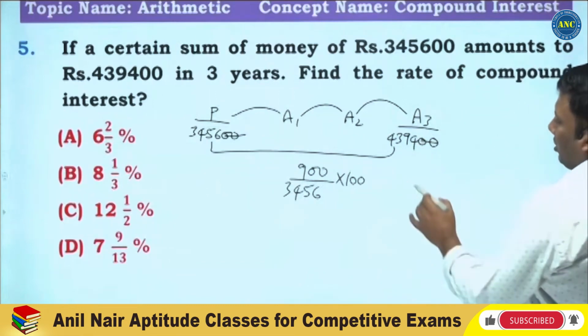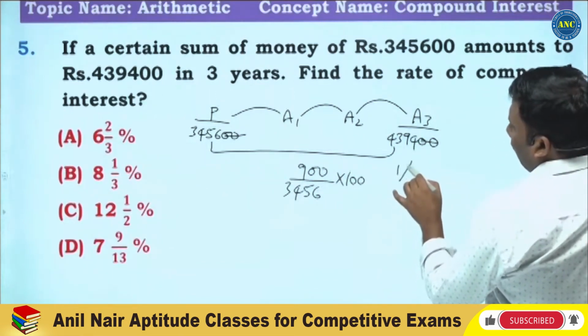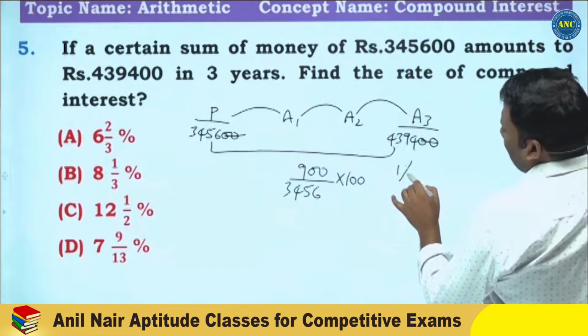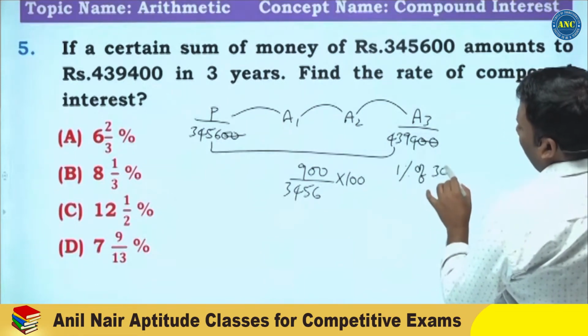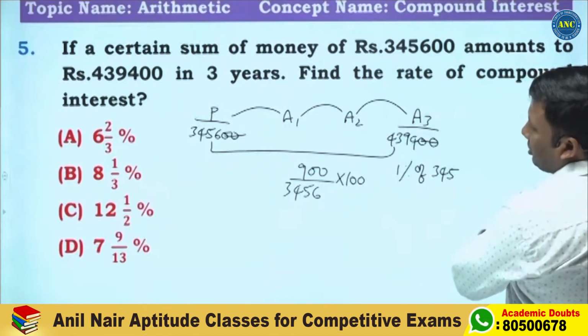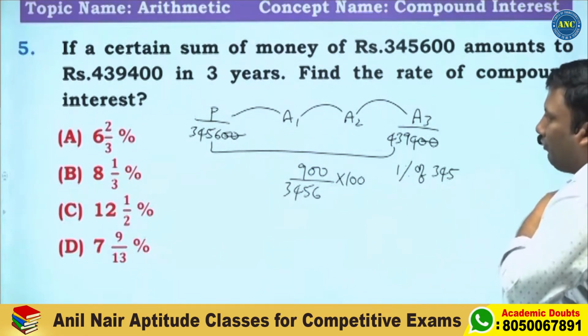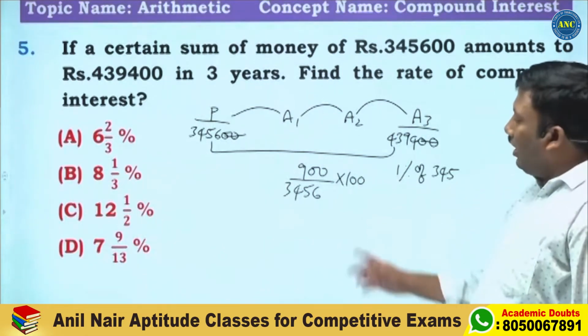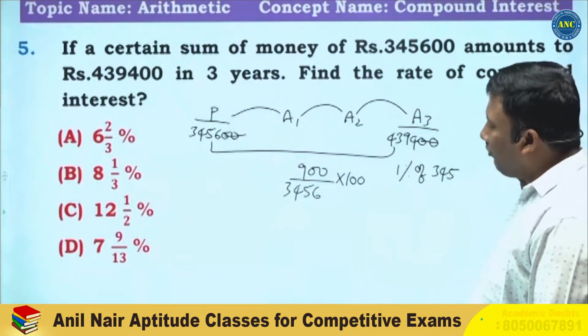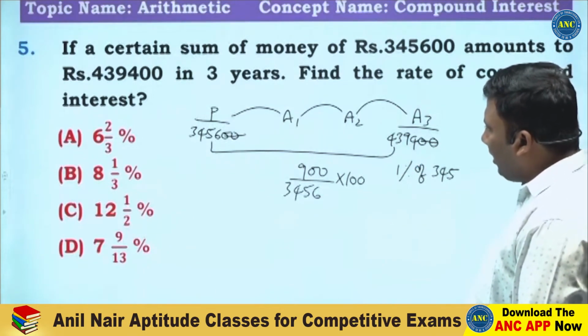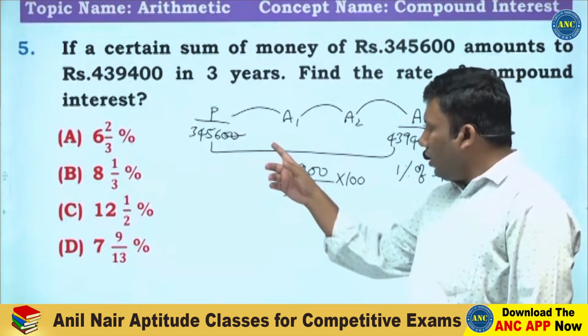Are you all with me? So, 1 percentage of 3456 is 3456 divided by 100, and the final is 4394. How much is it?